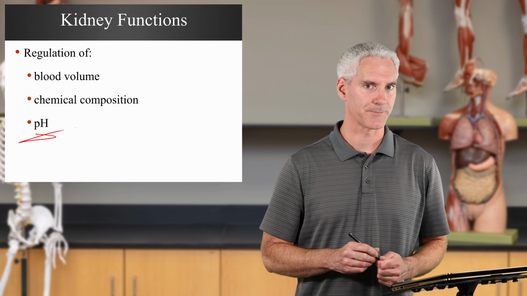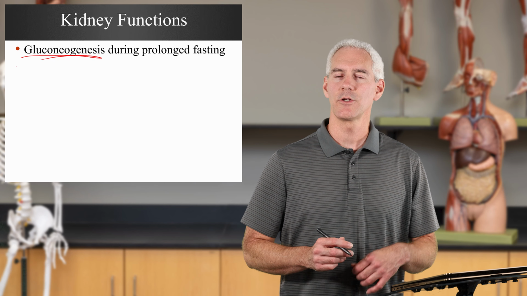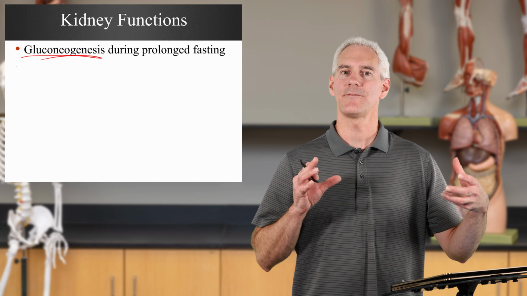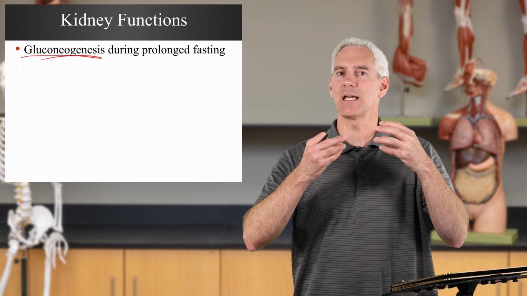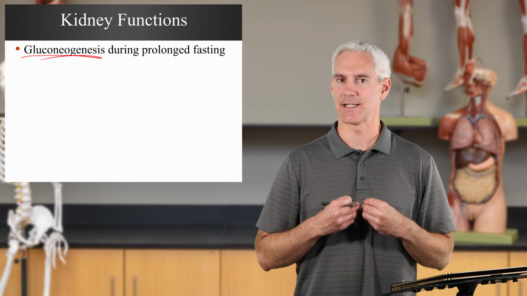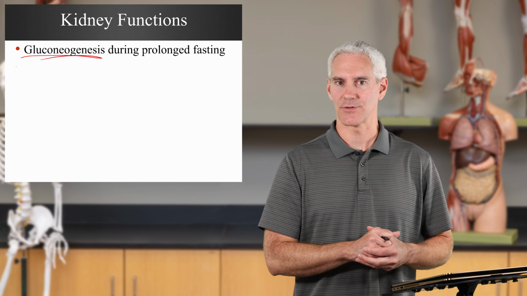We have gluconeogenesis. Now, gluconeogenesis is when your body is in a prolonged fasting state, which means you're not really getting energy in, you're not ingesting it. So in gluconeogenesis, your body is going to take non-carbohydrate based components. Think proteins or lipids. Something that is not a carbohydrate.